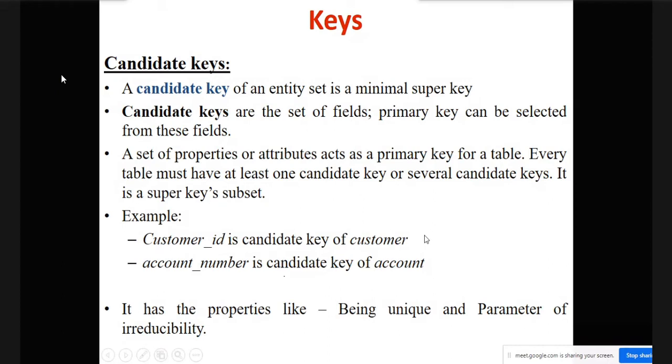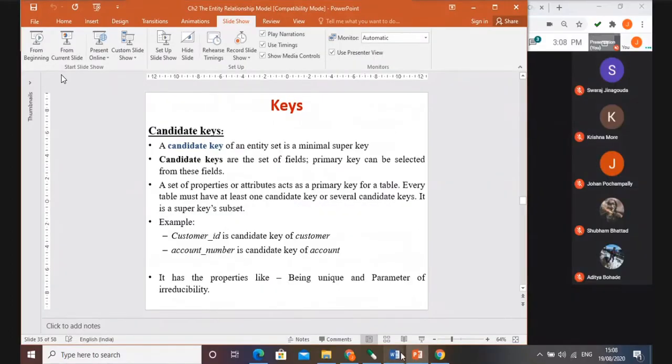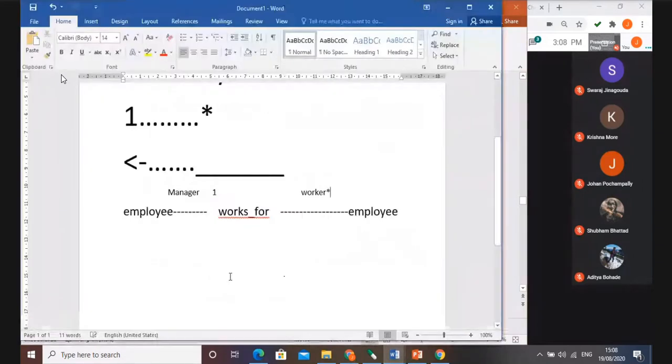Now, in the previous example of a student, what I told you as the super key... suppose right now we will consider the super key of a student as... okay, we'll go ahead with this example.